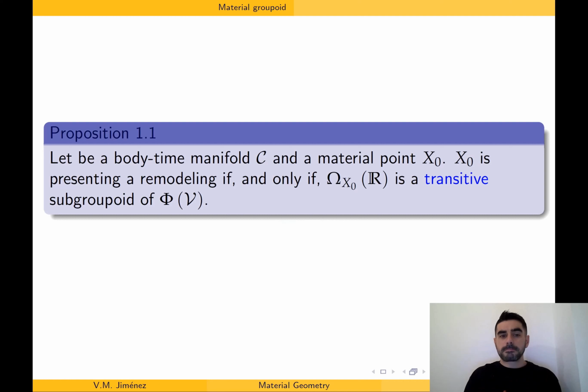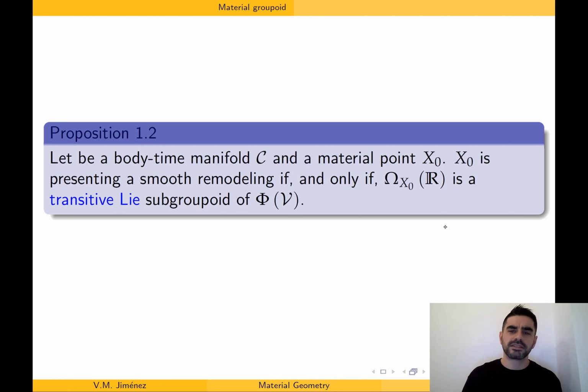So okay, let me give you some results by using this material groupoid. The first one is the result characterizing the remodeling. What happens is that we can easily prove that a particle is presenting a remodeling if and only if the material groupoid is transitive. So transitivity is equivalent to remodeling in the case of the material groupoid. Another result, which is not so easy to prove, it is much more technical, is the following.